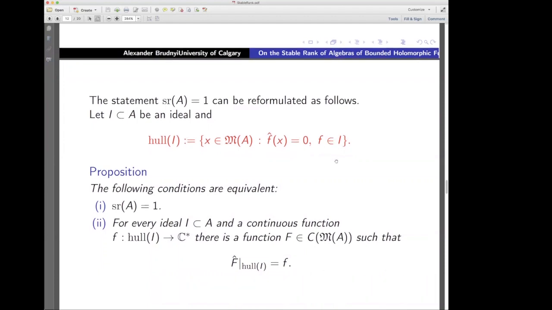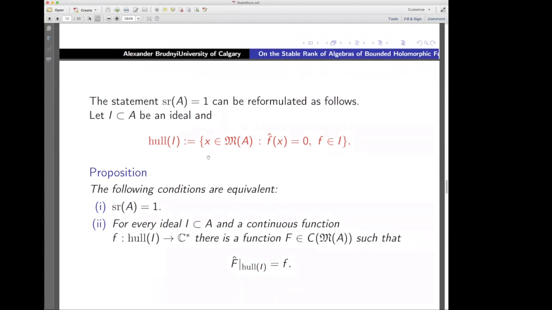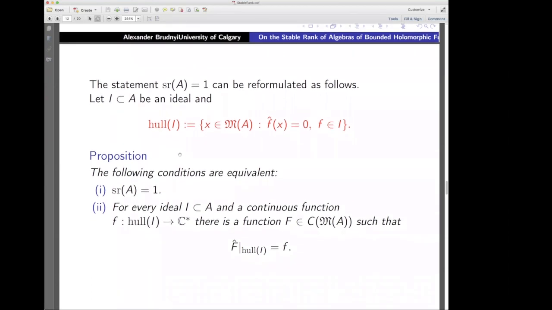In some sense, this is just the zero locus of the ideal I. Then the following proposition holds. The following conditions are equivalent.